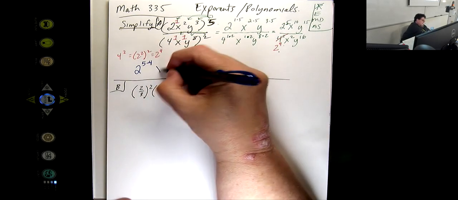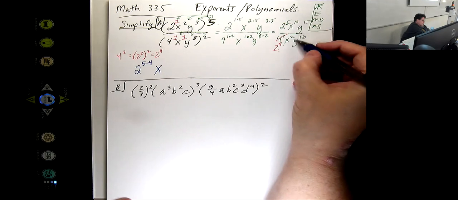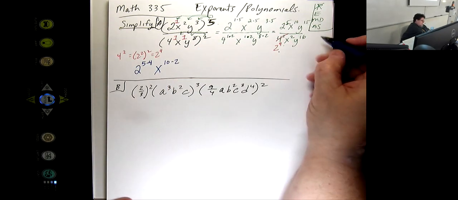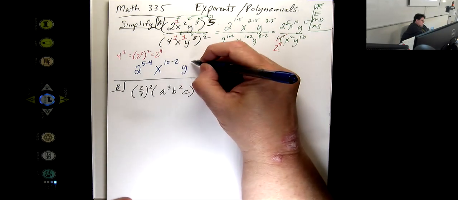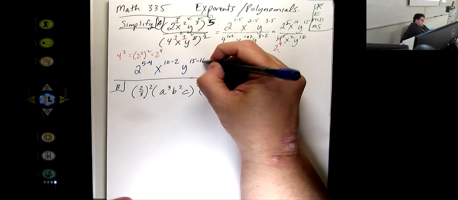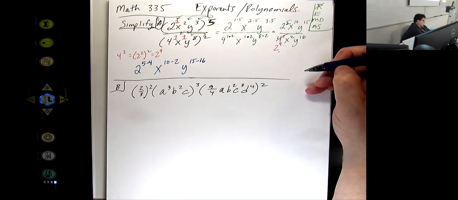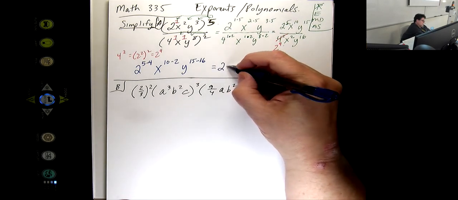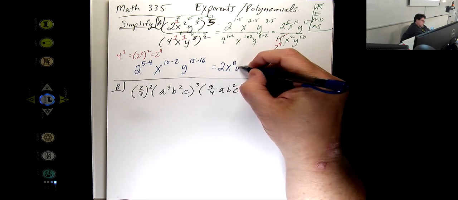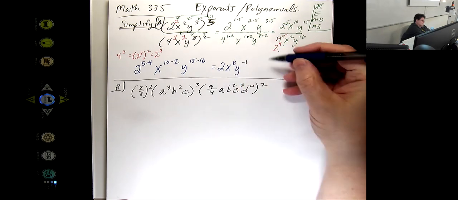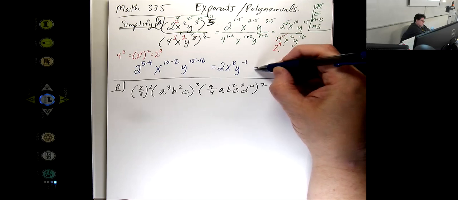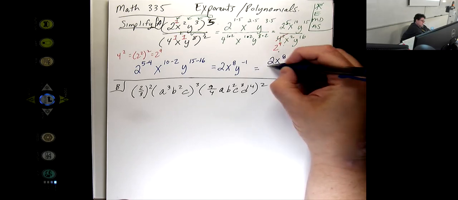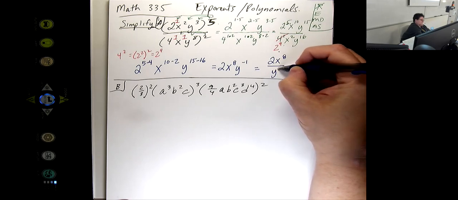And I can do the same thing with the x: 10 over 2 is 10 minus 2. And y to the 15th over y to the 16th is 15 minus 16. This will give me 2x to the 8, y to the negative 1. And things that have negative exponents can move to the other side of the fraction and make the exponent positive.